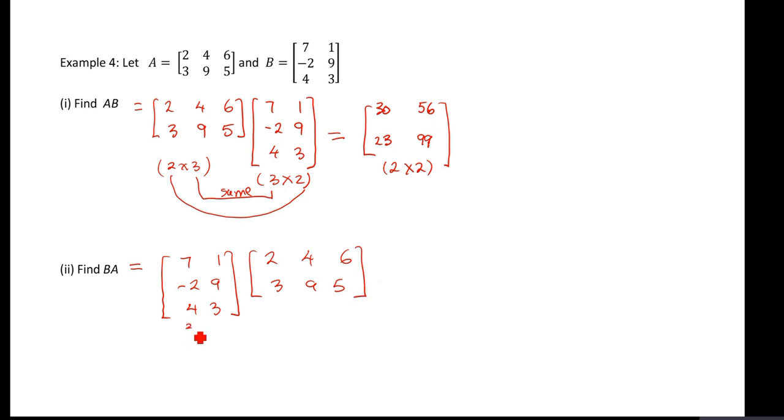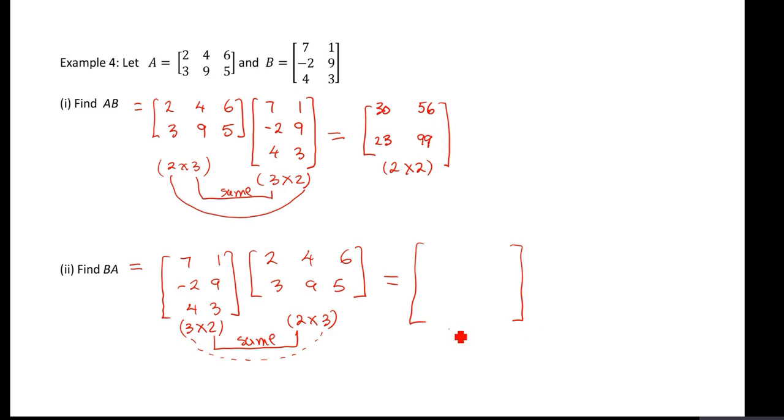The order, 3 by 2. The order of the second matrix, 2 by 3. Are these the same? Yes, they are. So I can do the multiplication. What's the order of the answer? The order of the answer is going to be a 3 by 3.